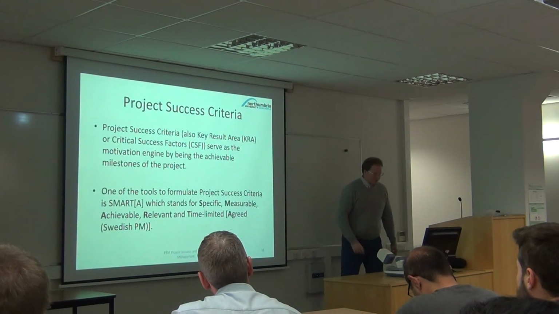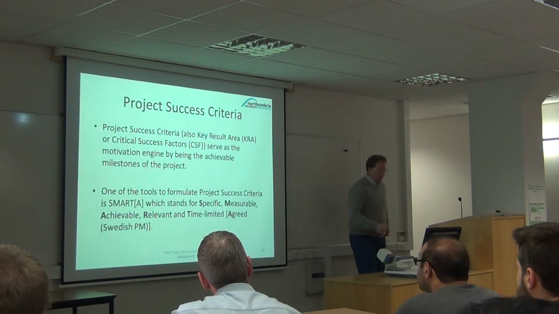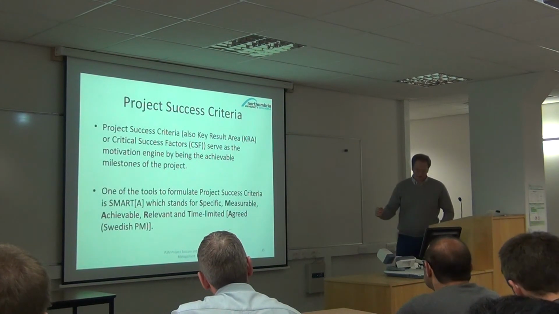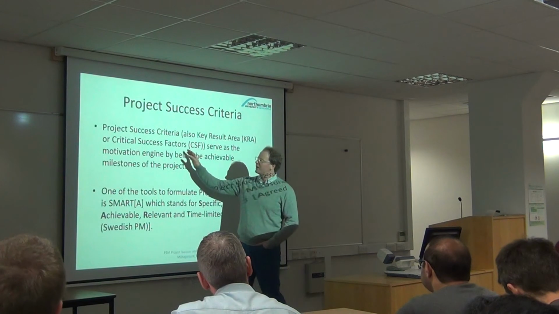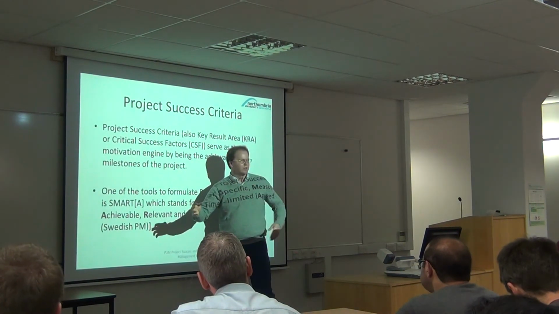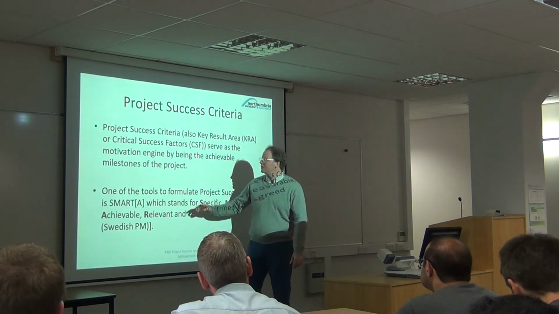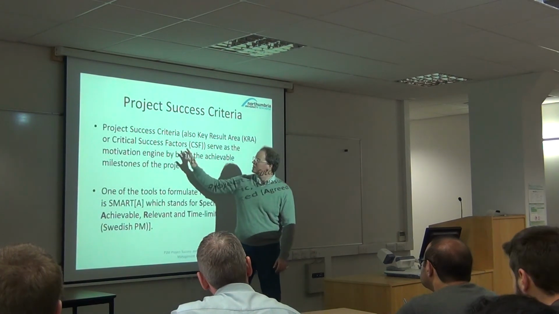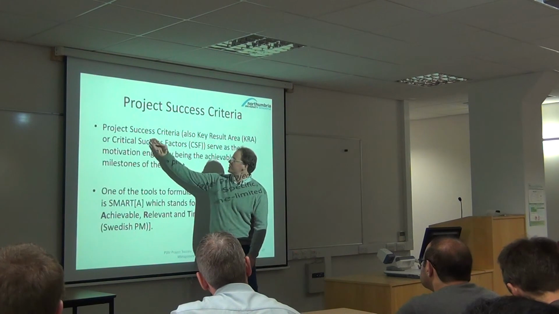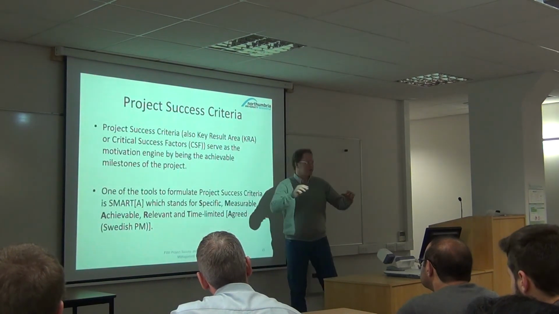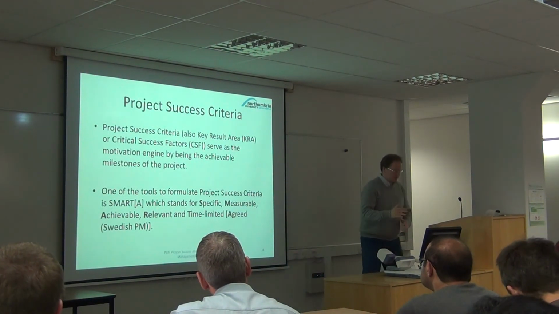Key result areas, critical success factors as well. There's kind of an umbrella method. If you have a very detailed technical project, you may have critical success factors as the ones that determine if it works, and project success criteria as more the interface of what is desirable beyond that.